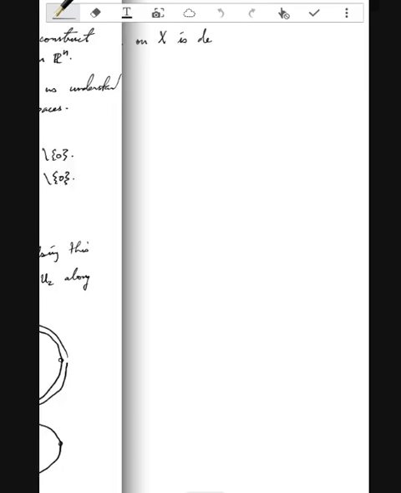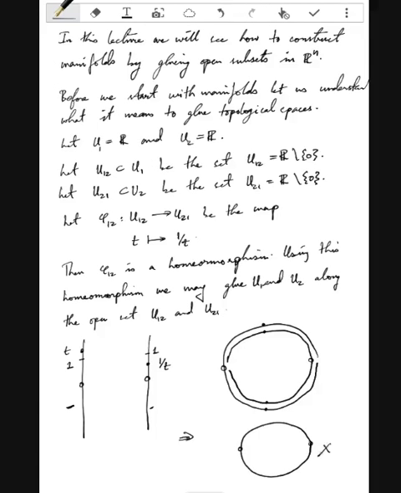Let's call this X. A set U is said to be open if U intersection Ui is open in Ui.